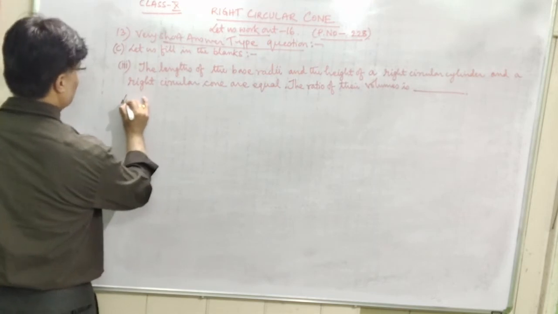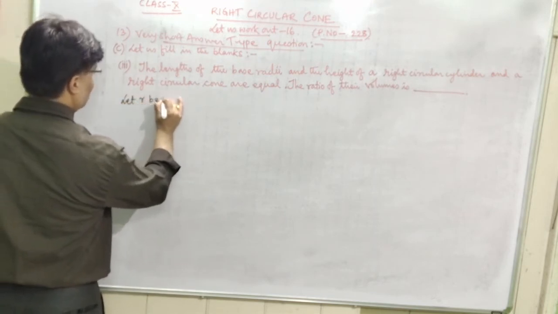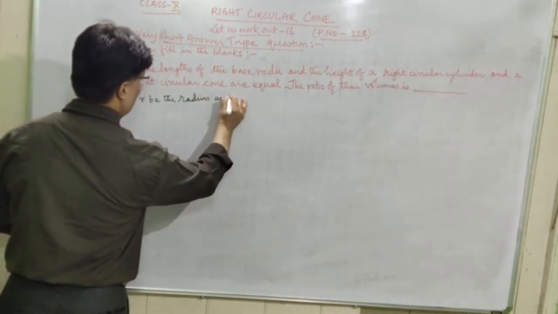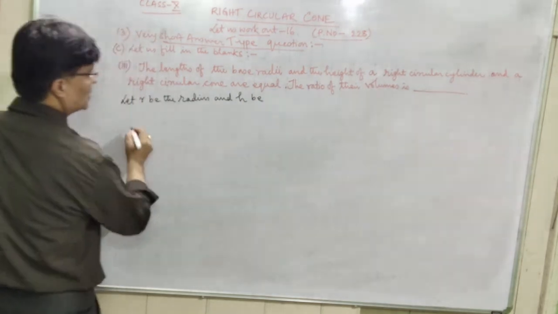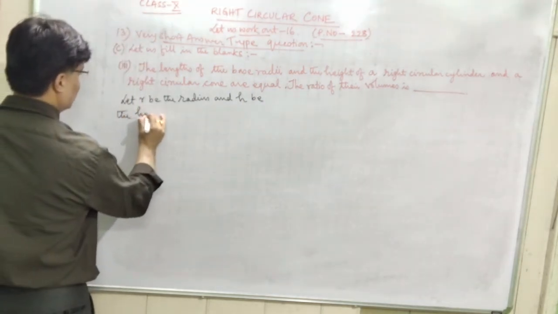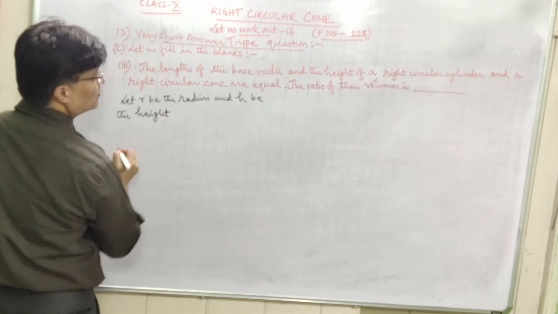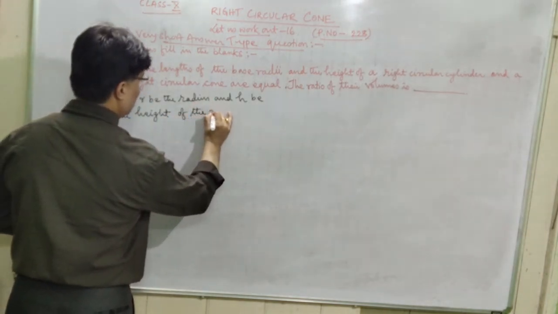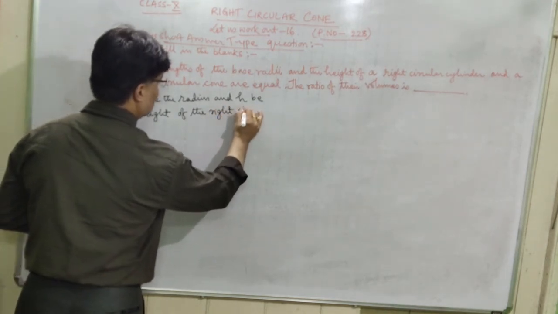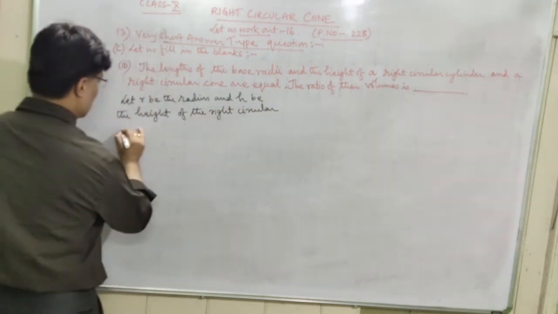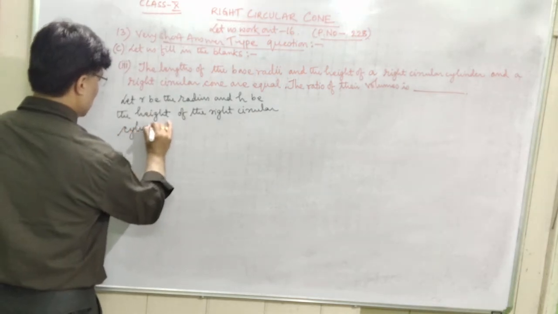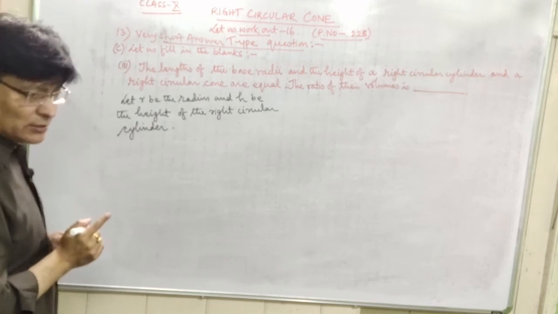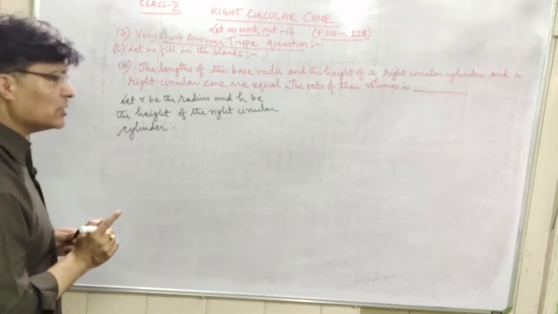Let us assume the radius of the base of the cylinder and its height. So let R be the radius and H be the height of the right circular cylinder.